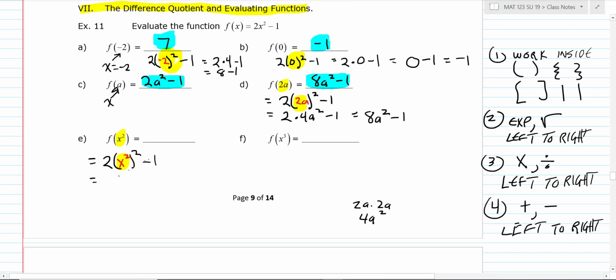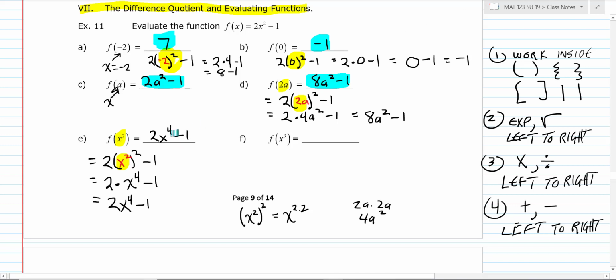Okay, so what we'll do here then is this is going to be 2 times x to the fourth minus 1. Okay, there's a property of exponents that anytime you have this situation, you multiply those exponents. So that's x to the fourth power. All right, so this will be 2x to the fourth power minus 1 be the answer to our problem.